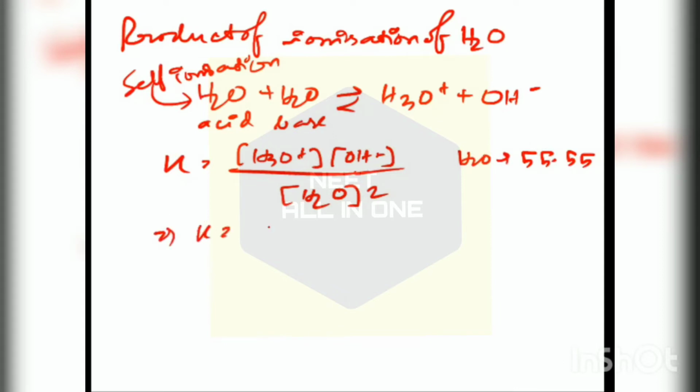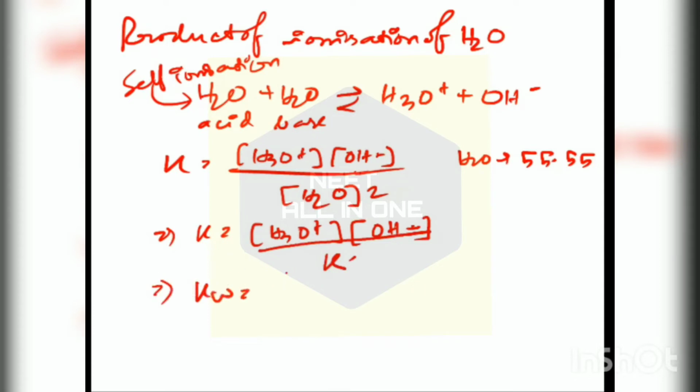So we can write it like this, H3O⁺ into OH⁻, because it's a constant. Let's suppose it's K dash. So K into K dash, let's suppose it is called KW.